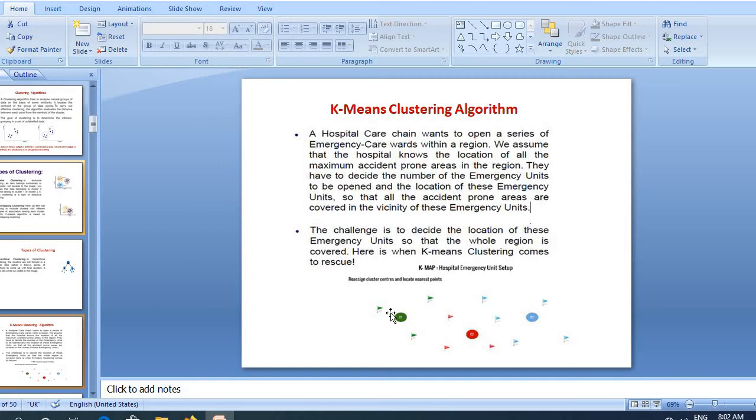You have to place them properly so that each of these accident prone areas can easily access the nearest emergency unit. In such cases, K-means clustering comes to the rescue. So this is an overview of how a K-means clustering algorithm can be useful.